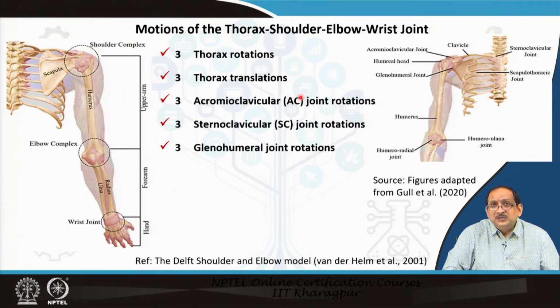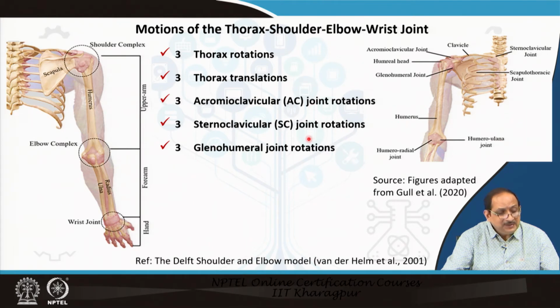The motions offered by the shoulder joint, which comprises the acromioclavicular joint, the sternoclavicular joint and the glenohumeral joint, are 3 AC joint rotations, 3 sternoclavicular joint rotations and 3 glenohumeral joint rotations.